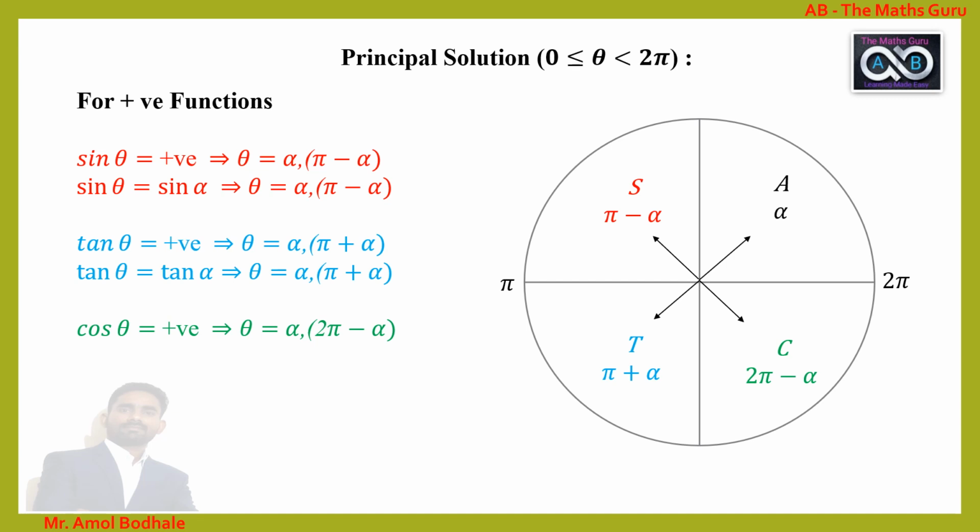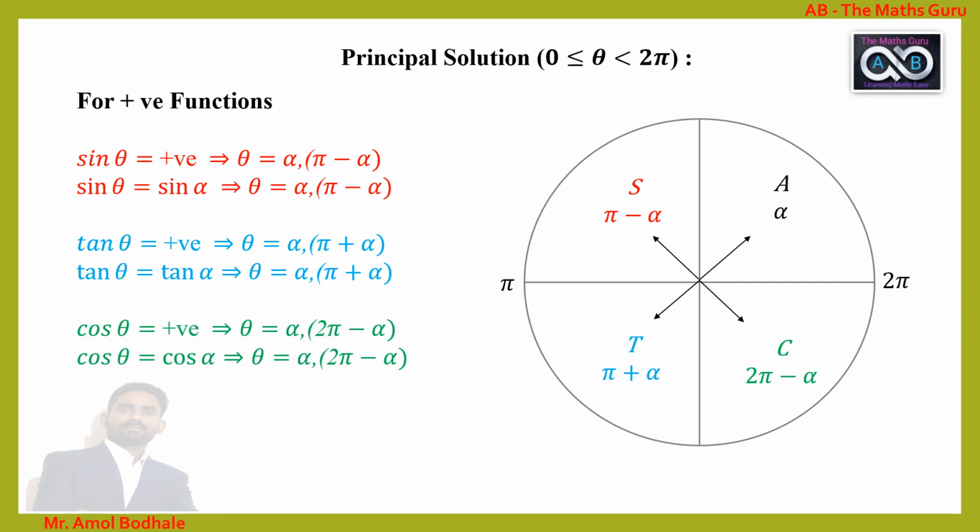Let's see the next one. If cos theta equal to a positive value is given, then its principal solution is theta equal to alpha and 2 pi minus alpha. Here cos theta is positive in the first quadrant, so we get one solution, alpha, and it is also positive in the fourth quadrant, where the angle is less than 360 degree, that is 2 pi minus alpha.